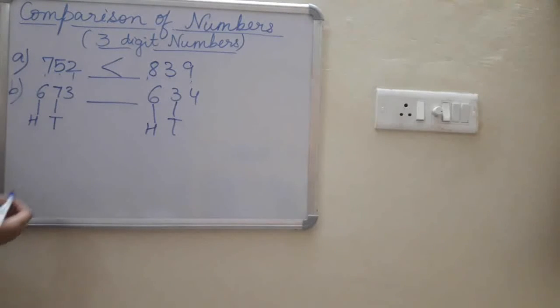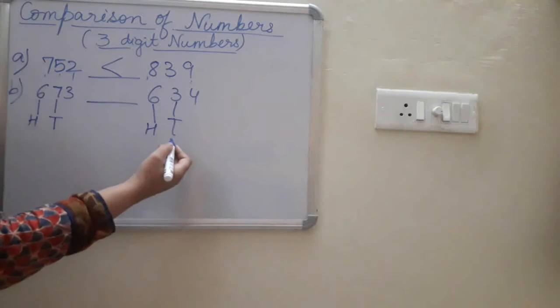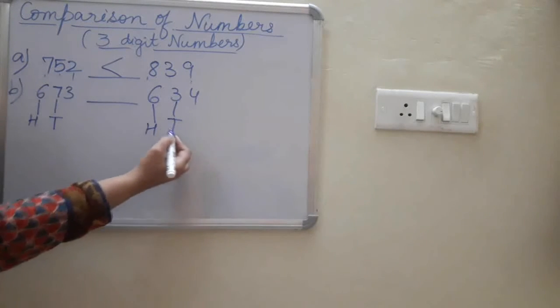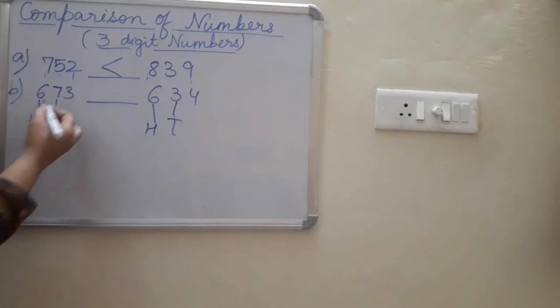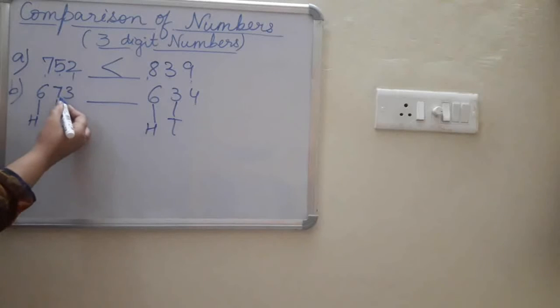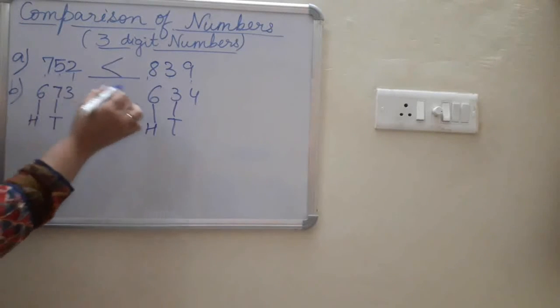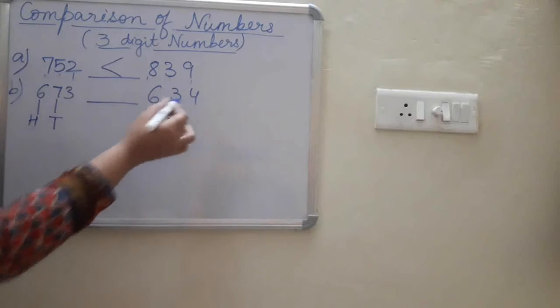So here you can see 7 is at tens place, and in this case digit 3 is at tens place. So which digit is greater, 7 or 3? Digit 7 is greater. It means number 673 is greater than number 634.